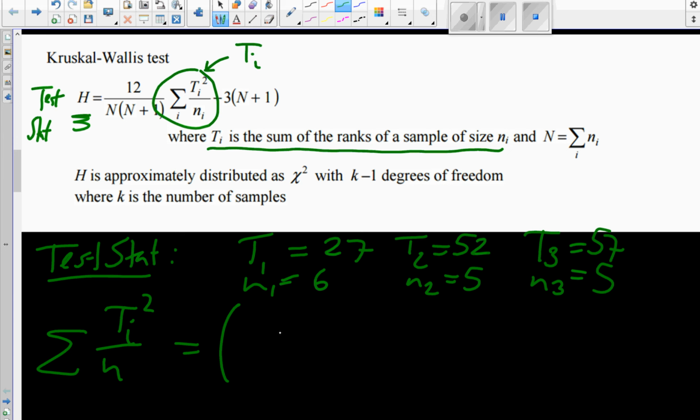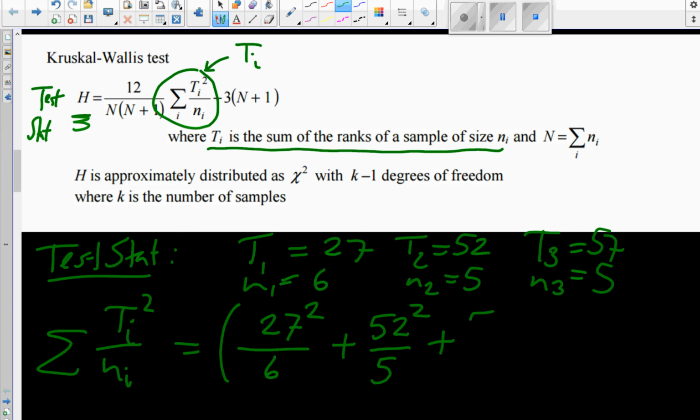So looking at the first one, T1, we've got our 27, that's our Ti, we square it, and then we divide it by our ni, which in this case is 6. So that's our first calculation. For the T2, we've got 52 as our Ti, we're squaring it, and we're dividing by 5 because that's the n.